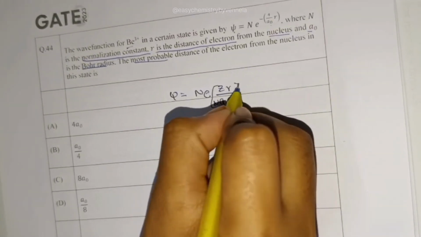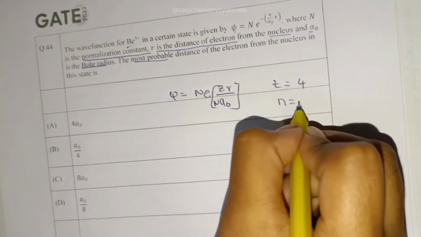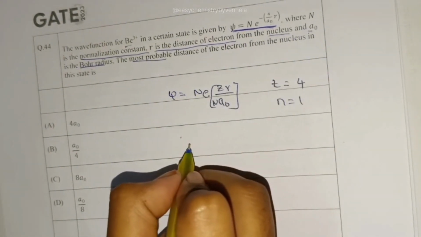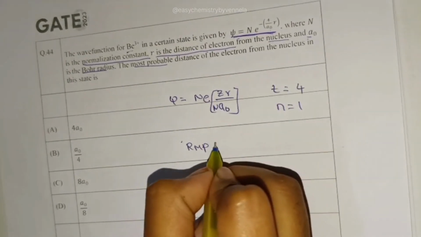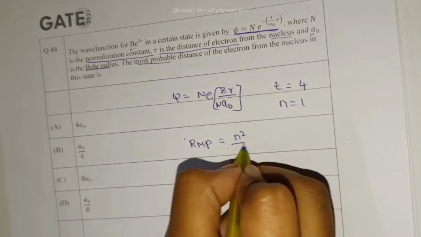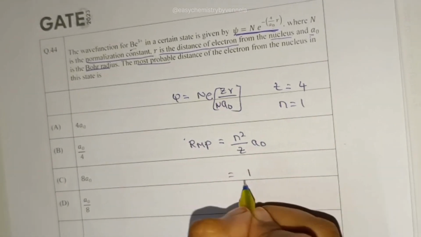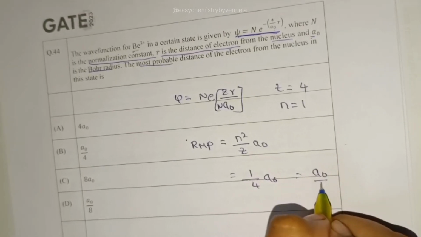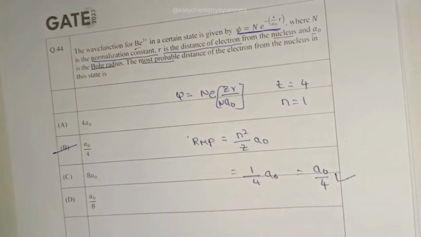Here they have given Z is equal to 4, n is equal to 1. So you can calculate this. Most probable distance is equal to n square by Z a naught. Here n square is 1 by 4 a naught. So that is a naught by 4. So here B is the correct answer.